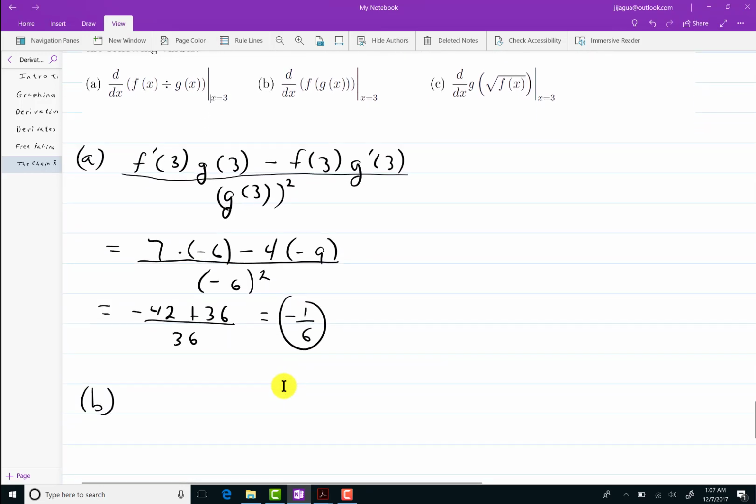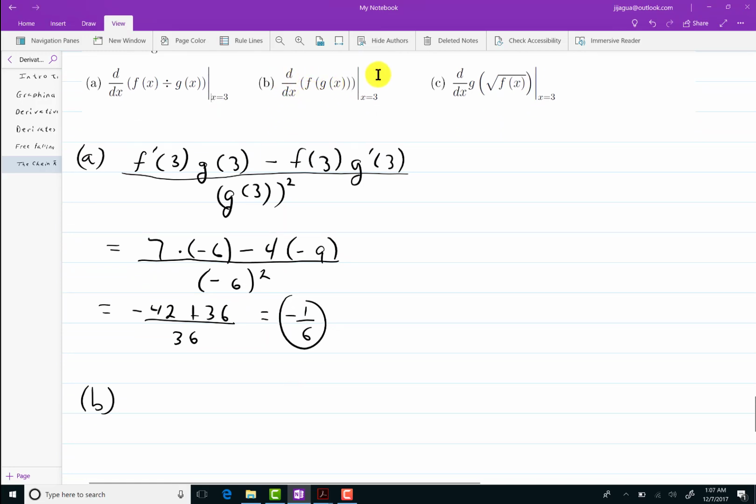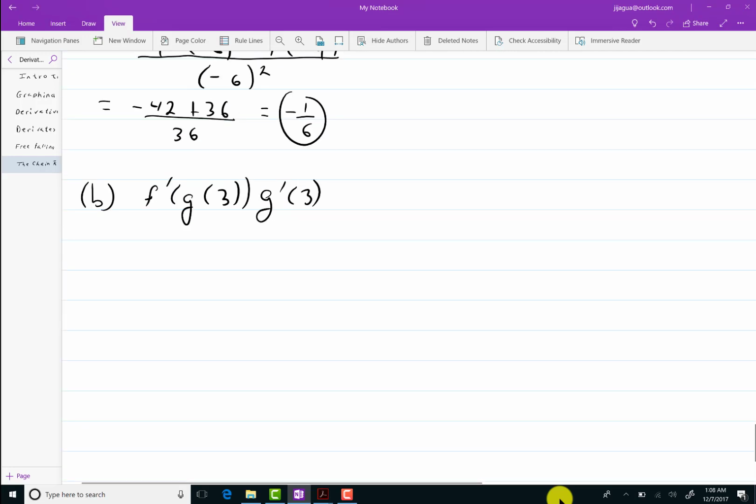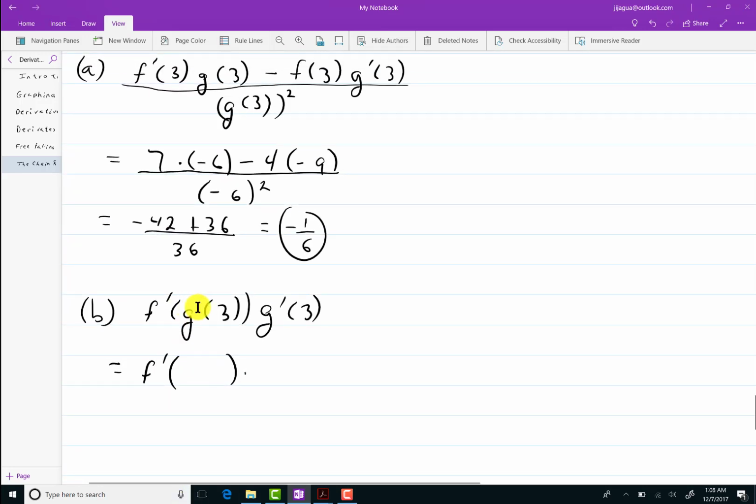Next, we want d over dx of f of g of x at 3. So we want f prime of g of 3 times g prime of 3. I've got to figure out g of 3 and g prime of 3. So let's start with g of 3.